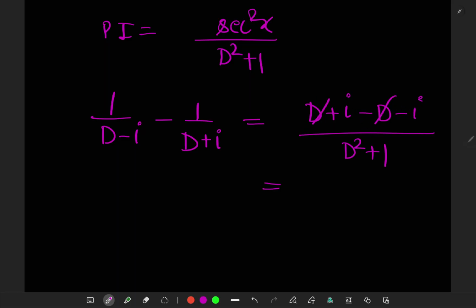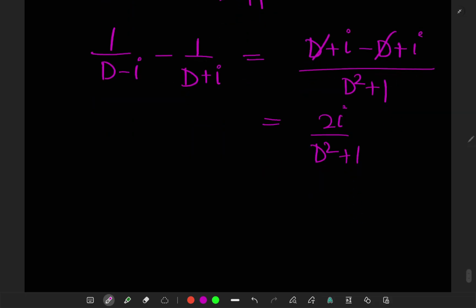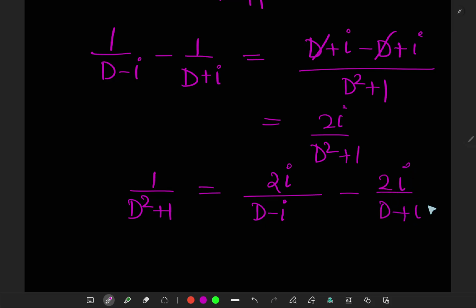Now d squared by d, and we get this term. So we can write here 1 by d square plus 1 is equal to 2i into d minus i minus 2i over d plus i.